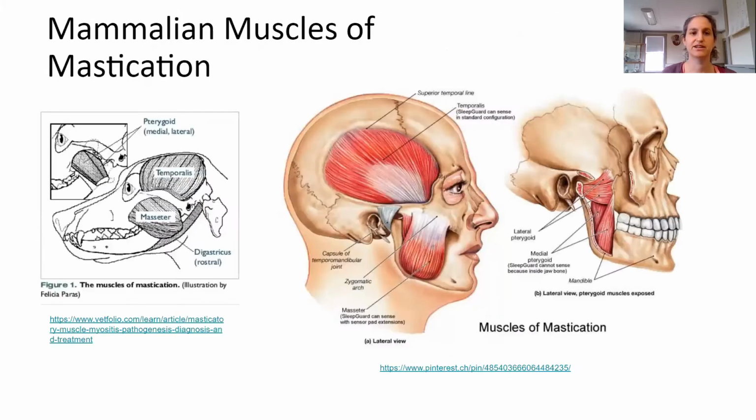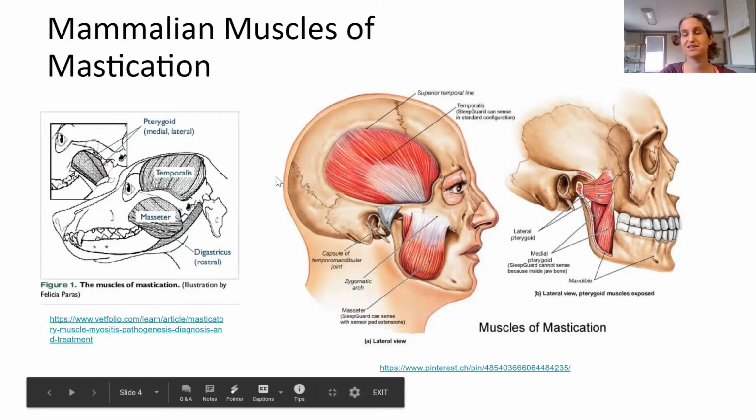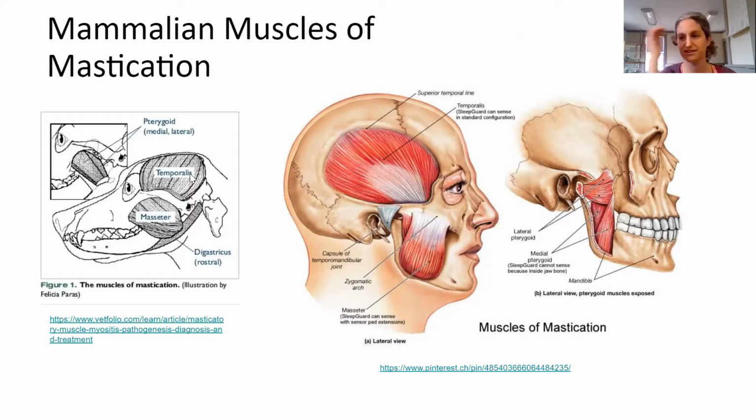And so here are a couple images showing, I'm sorry, I meant the masseter muscle is the lower one, and then the upper one is the temporalis. These are your temples, right? Temporalis is up here and connects down to the lower jaw and kind of pulls it upward. And then the masseter comes across here.